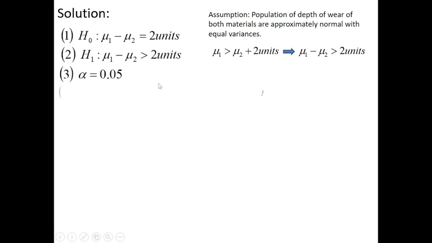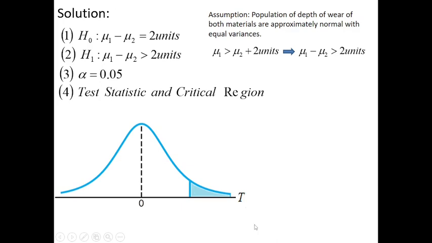So we will now use the t statistic, so this is t sub alpha. The critical region is t greater than t sub alpha. This will be the critical region.